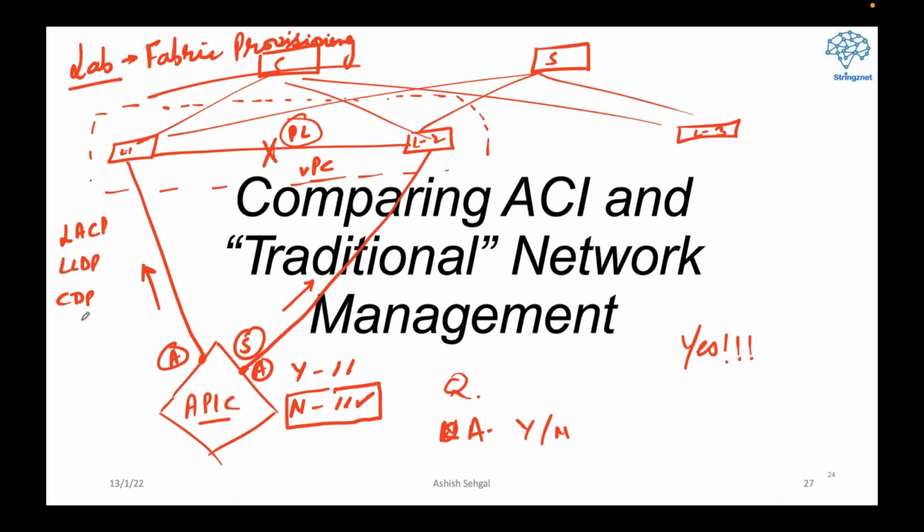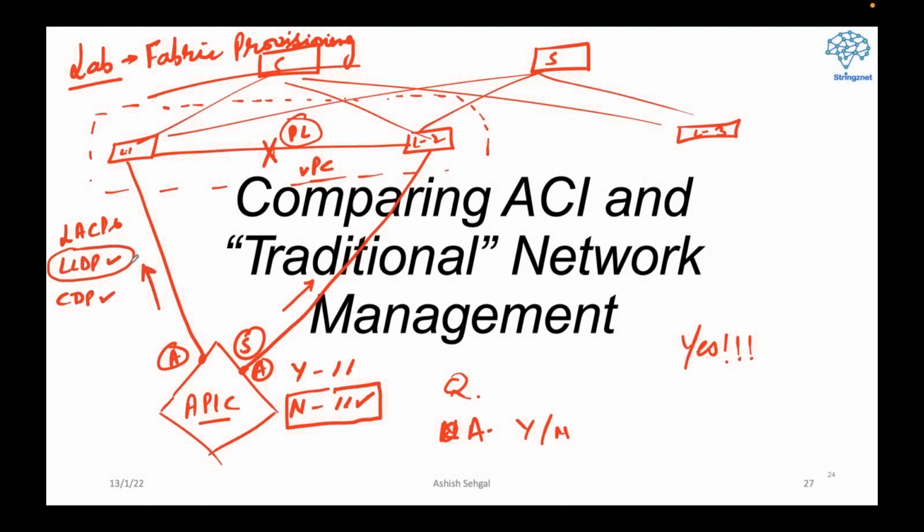There are a lot of protocols, not this one. I will ask you to configure CDP. I will ask you to configure LLDP. LLDP, which stands for Link Layer Discovery Protocol, is used for the purpose of identifying non-Cisco devices.